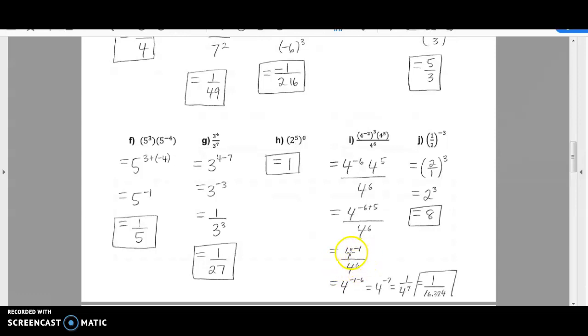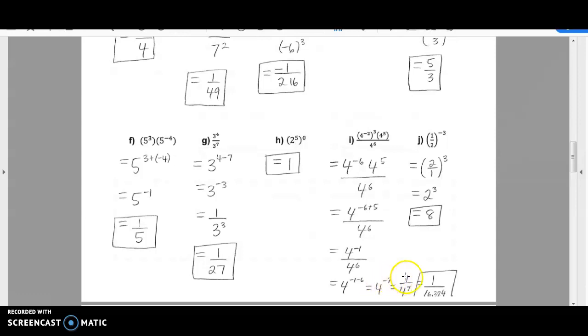Because we're dividing with the same base, we need to subtract the exponents. So negative 1 minus 6 gives us negative 7. Now we've finally simplified it down to one power, 4 to the negative 7. The last thing to do to evaluate this is change that negative 7 exponent to a positive 7. Just like with all the other questions we've done, to change a negative exponent to a positive exponent, we need to flip the base.